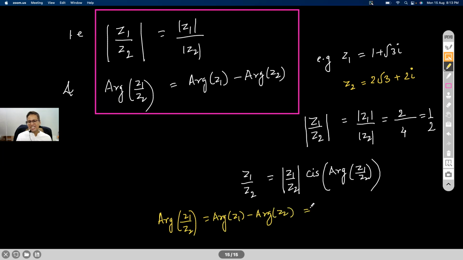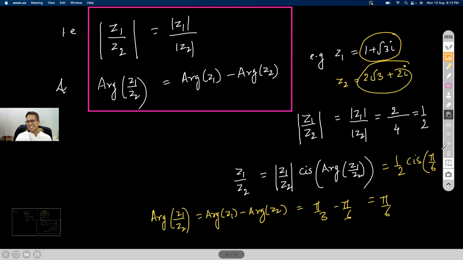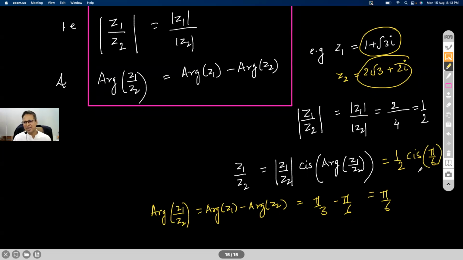As per our example, the argument of this one is pi by 3, and the argument of this one is pi by 6. So this will become pi by 6 again. So your answer will become half cis pi by 6. That's your answer. If you want, you can open it up and write it in point form, whatever form you want. Clear? So this is the takeaway from this particular property.